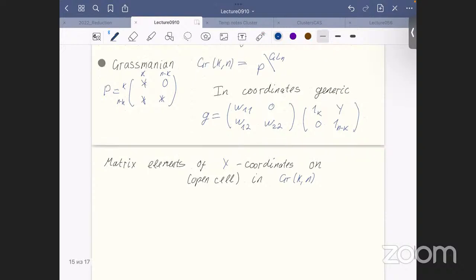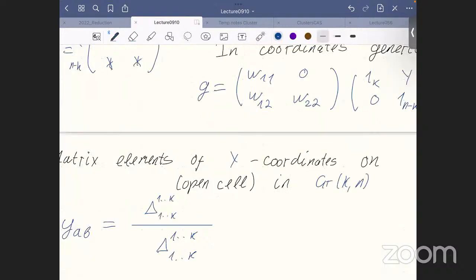In particular, one can easily see that y_{AB} is the determinant Δ_{1k} with the replacement of a by b.